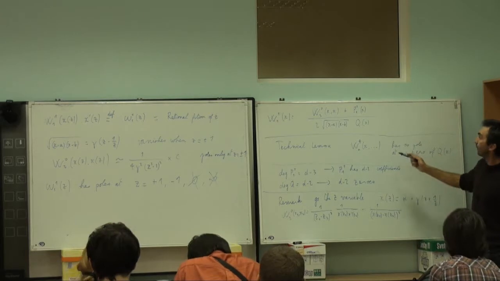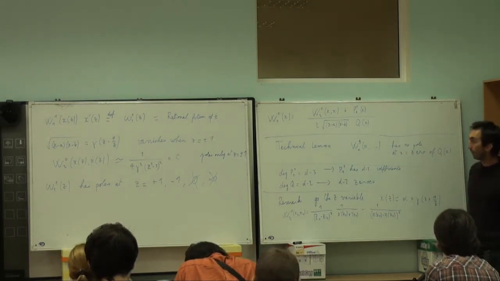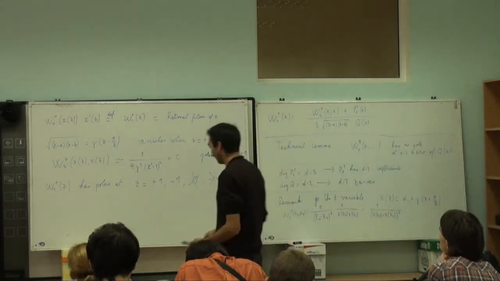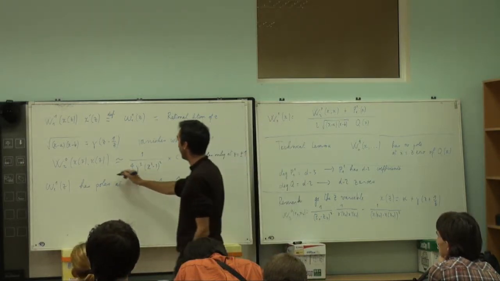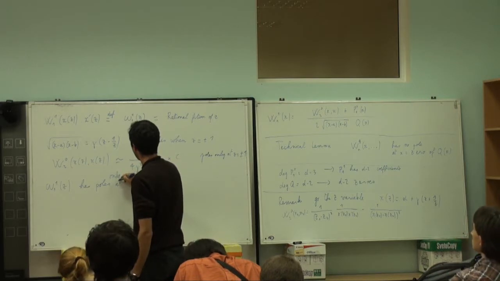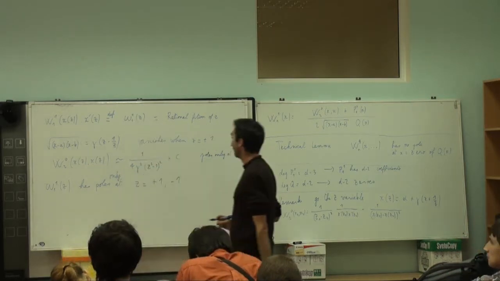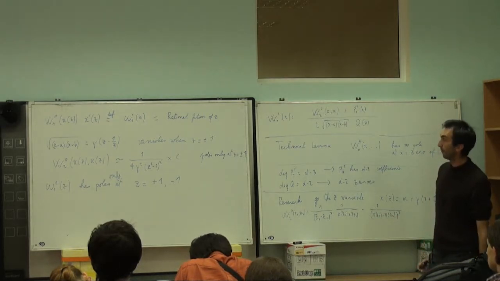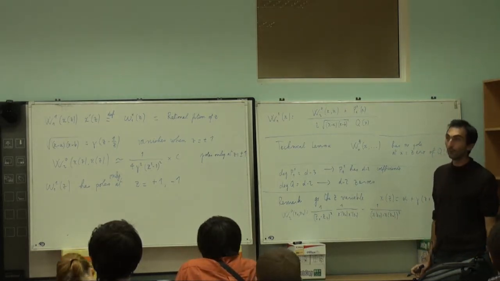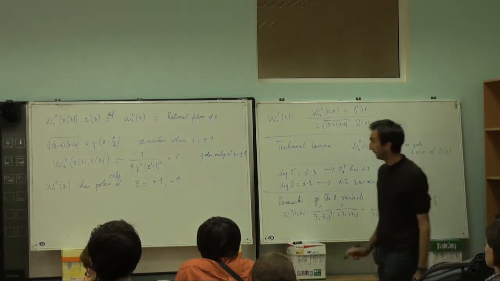But from the lemma, we know that there are no such poles. So there is no other pole, only at those points. So it's a rational function, and we know where its poles are.